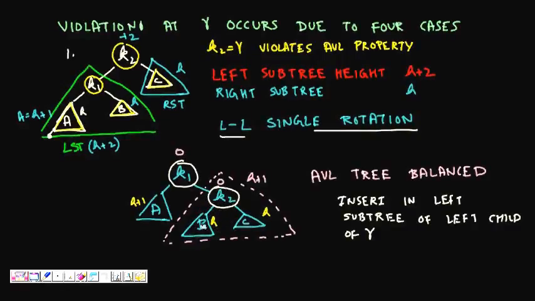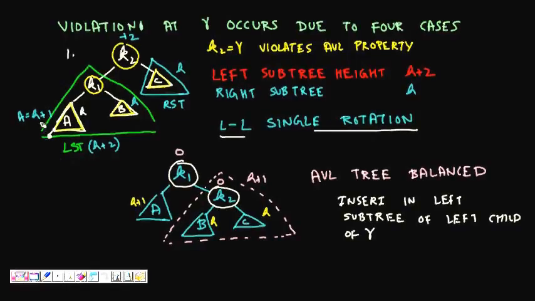This is fine because B is greater than K1, so it falls in the right subtree of K1, and B is less than K2, so it falls as the left subtree of K2. Now C is the right subtree of K2, and A is the left subtree of K1.